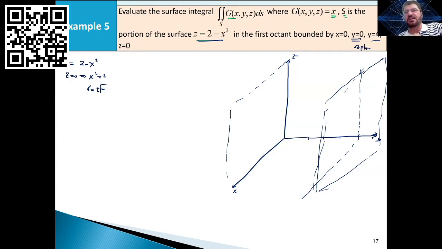Let's suppose that here is square root of 2, and in the back, this is minus square root of 2. What am I going to graph? You see, this one is a parabola opening downwards, but it's shifted 2 units up on the z-axis. So this is the graph of our parabola. This is actually our graph.